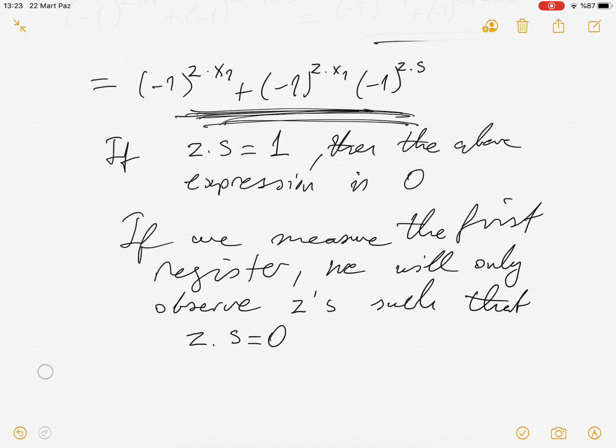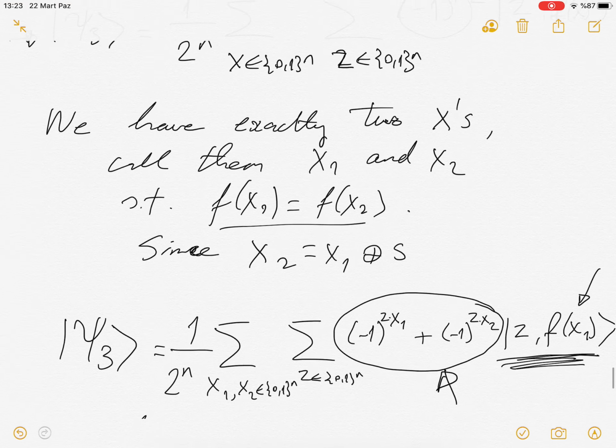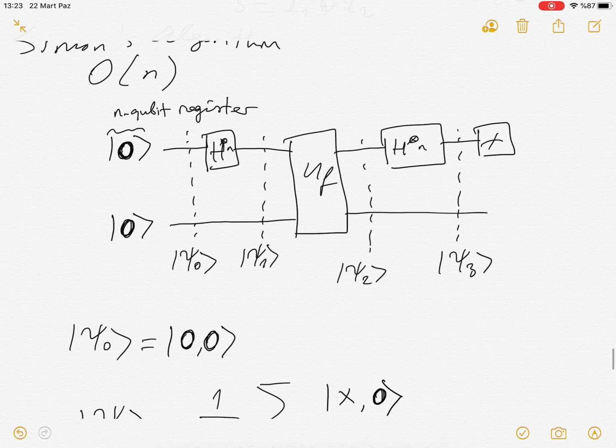This determines a subspace which s must lie in. And remember, z and s are n-bit strings. So I can in fact collect n many samples here.